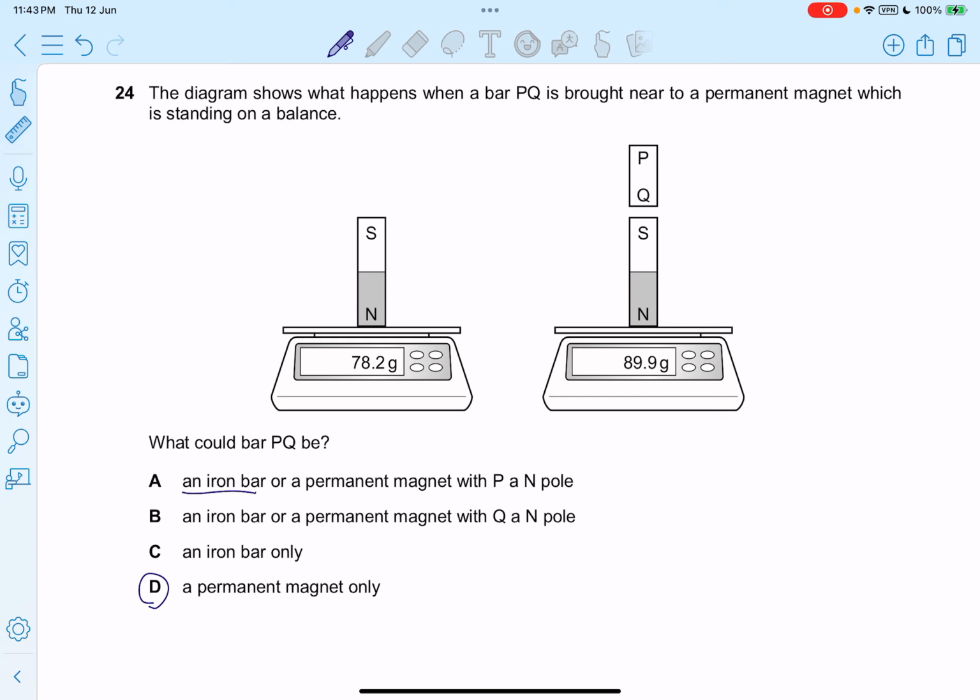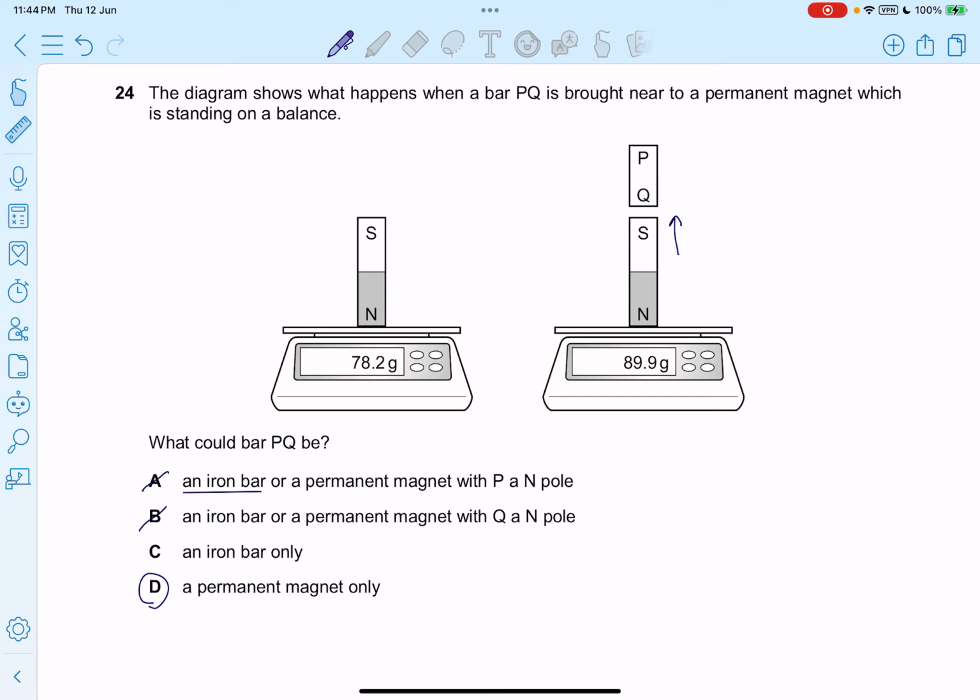If it's an iron bar, it wouldn't cause the reading to increase. So the iron bar is already wrong. It would basically attract the permanent magnet upwards, making the reading decrease.